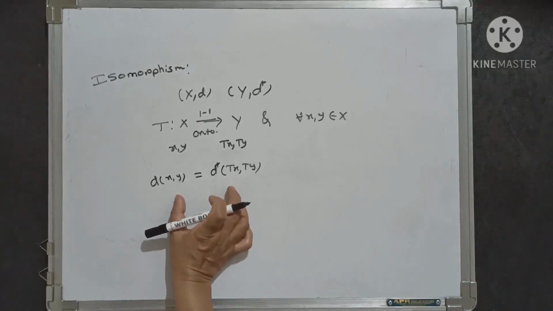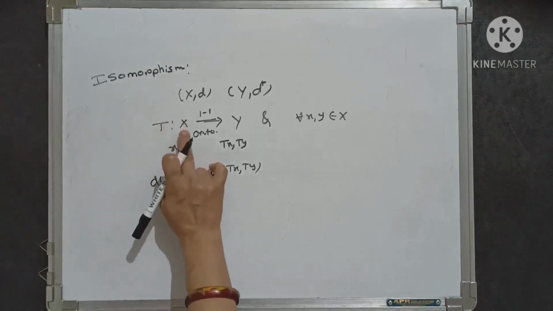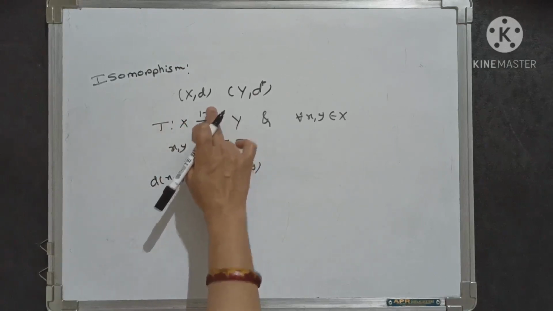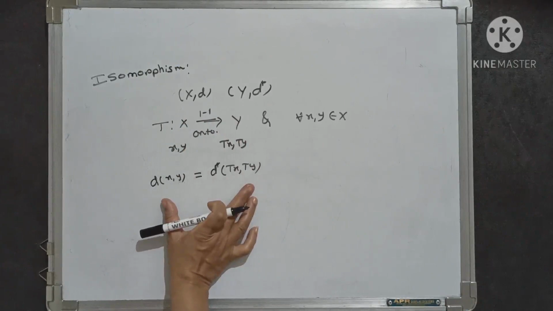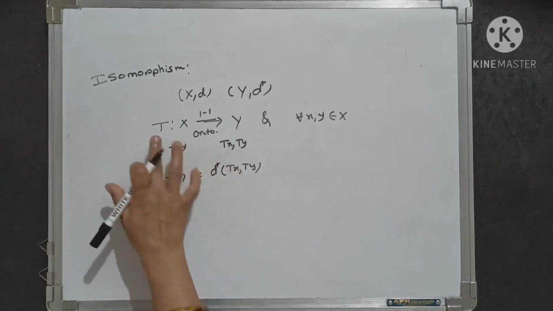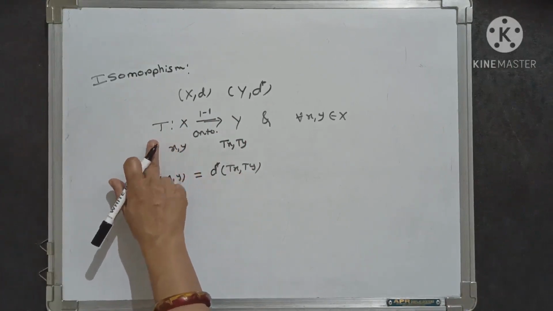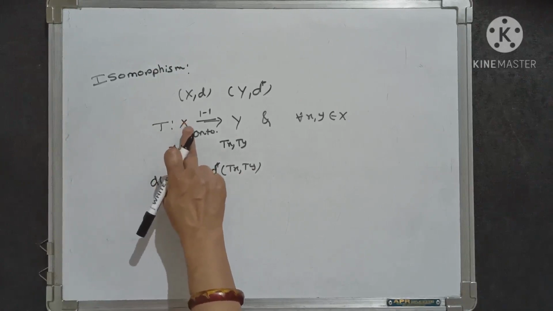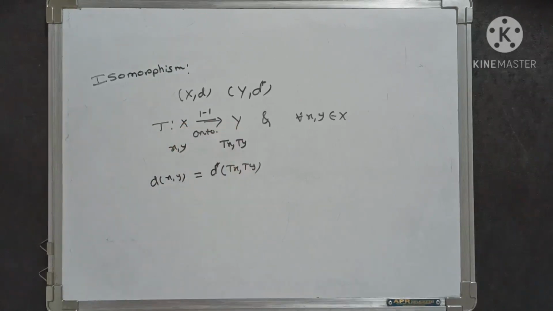Therefore if the mapping T from X to Y is one-to-one and preserves the structure, then we say that T is an isomorphism and X is called isomorphic to Y, or Y is isomorphic to X. In this way, this is the definition of isomorphism between metric spaces.